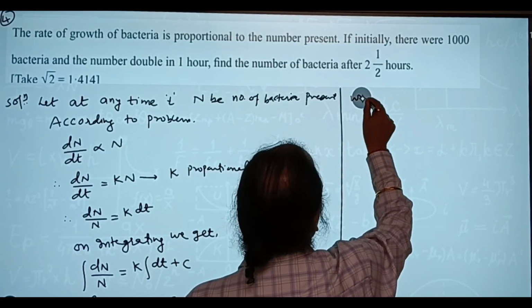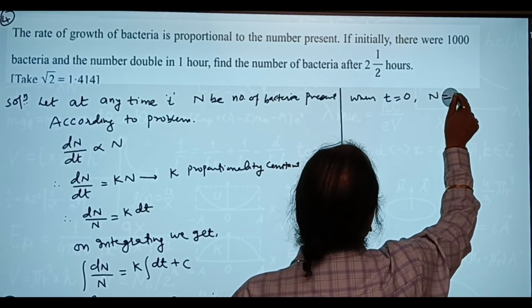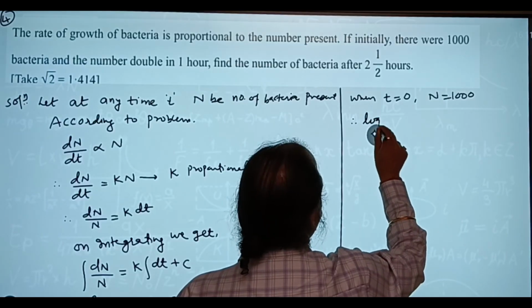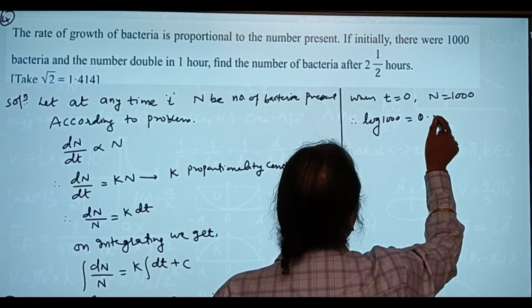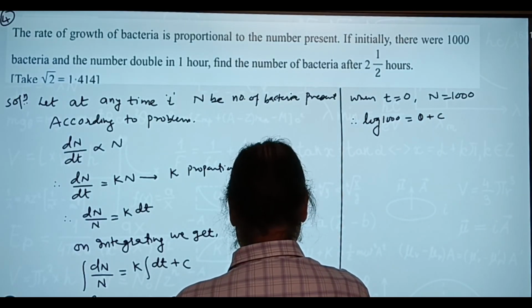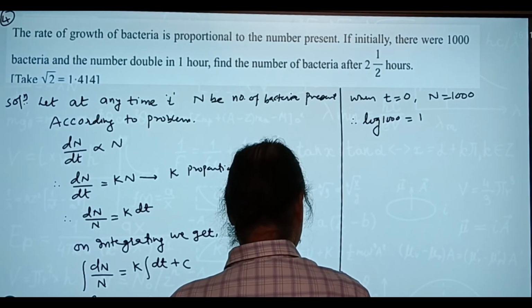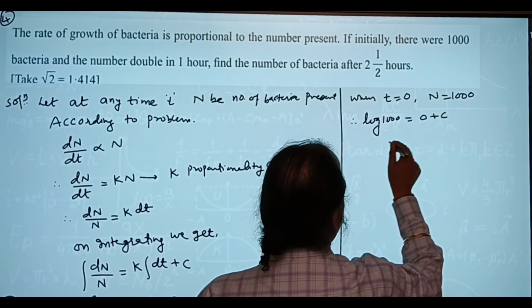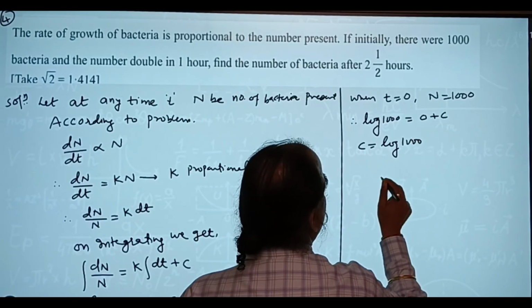When t is 0, number of bacteria is what? 1000. So log of 1000 is 0 plus c. So c is log 1000.